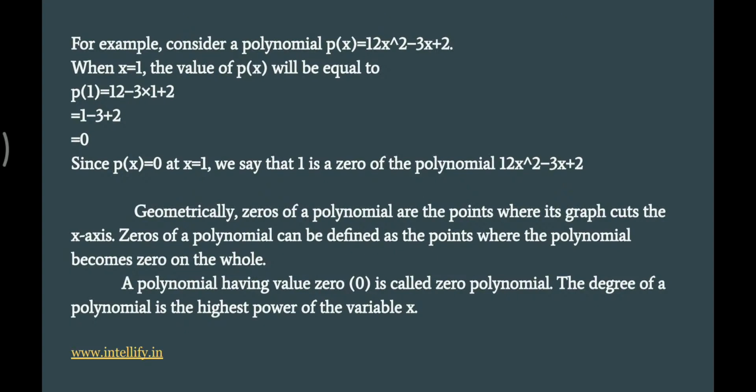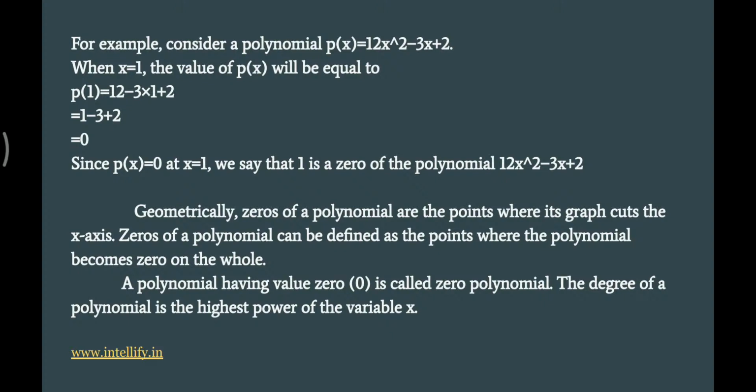Consider a polynomial p of x equal to 12x square minus 3x plus 2. When x equals 1, we substitute the value 1 in place of x.